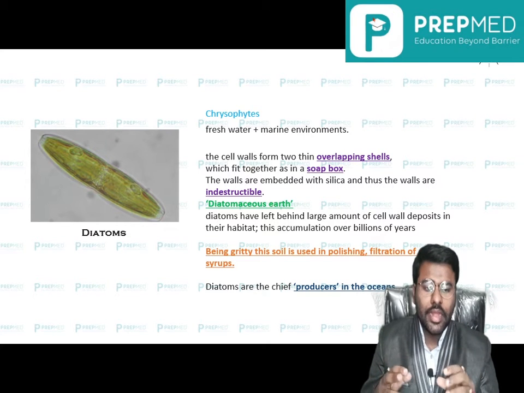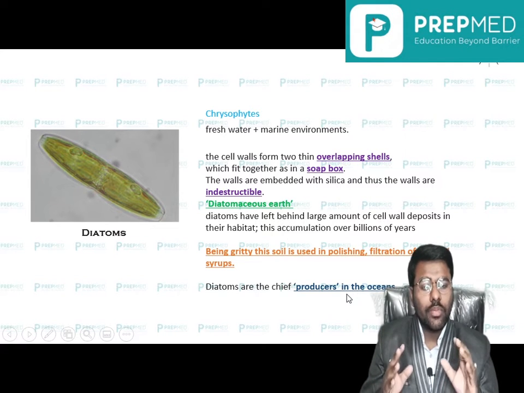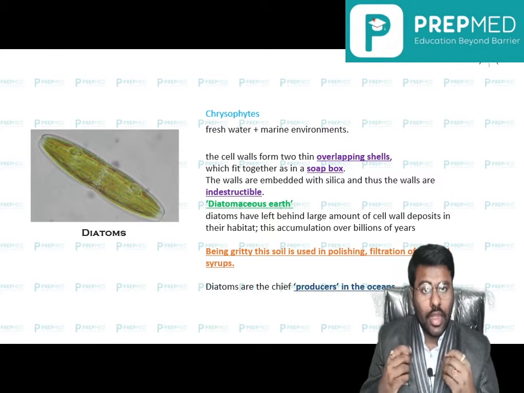This soil is mainly used for polishing, filtration of syrups and oils in this type of cases. And you have to notice the diatoms are the main or chief producers of the oceans. So the most important image, the VVIP image, is the diatom.